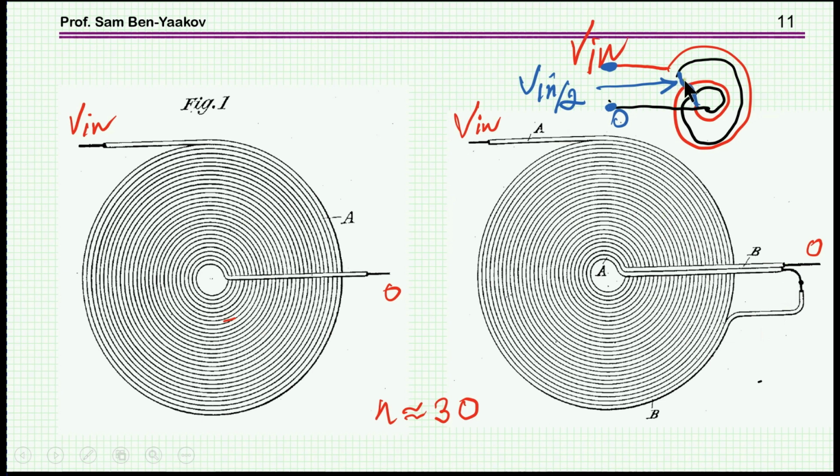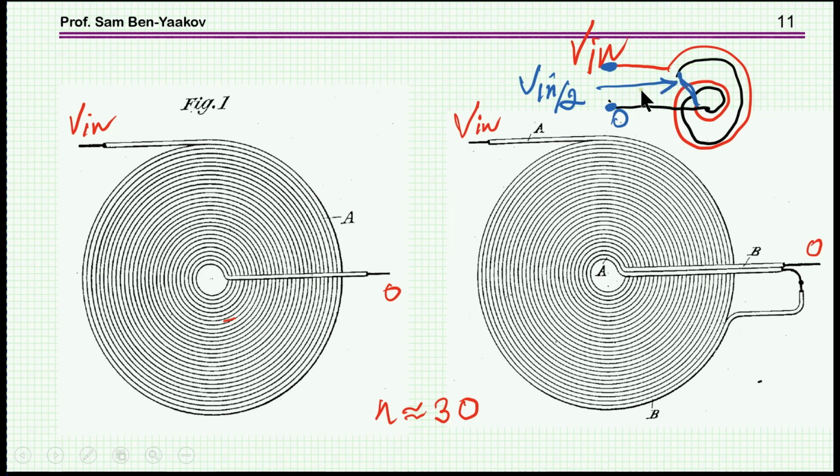I'm showing you here in a simplified way. These are the two wires. You wind them together, and then at the end of the red one, you connect it to the black one, okay, here.